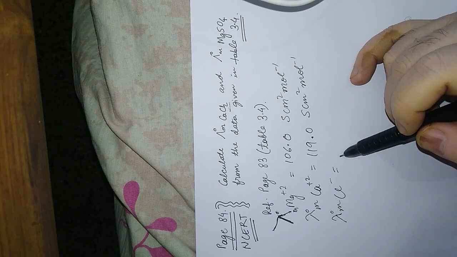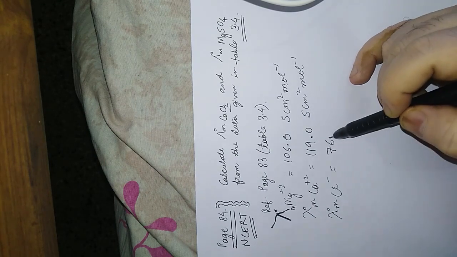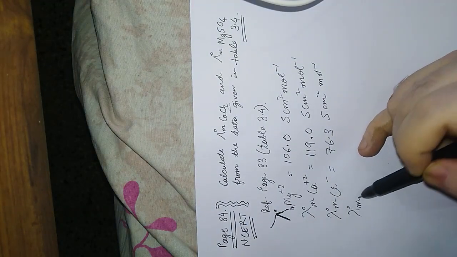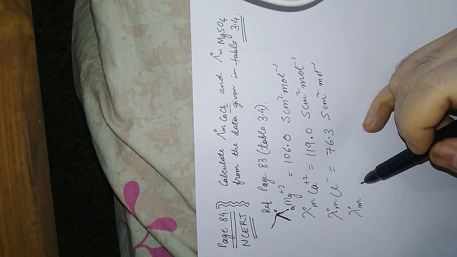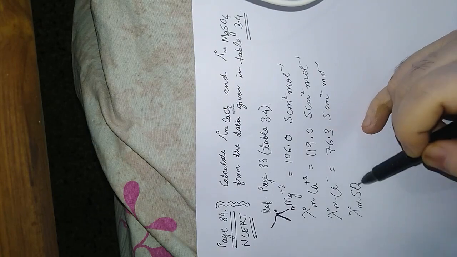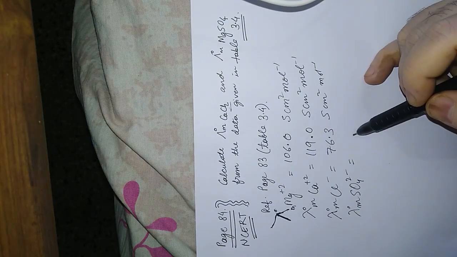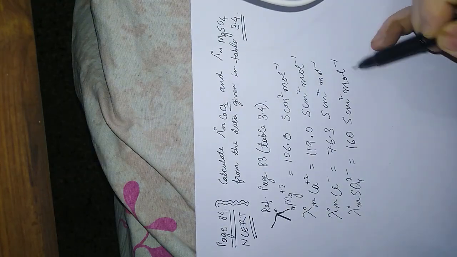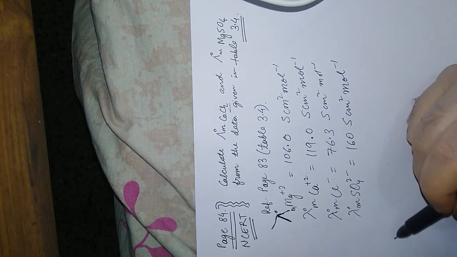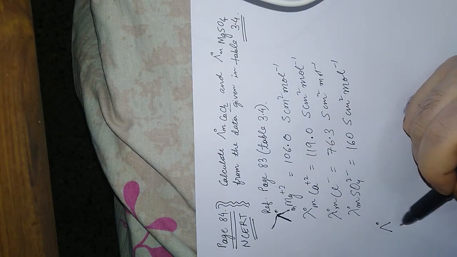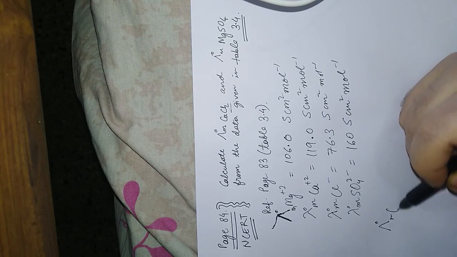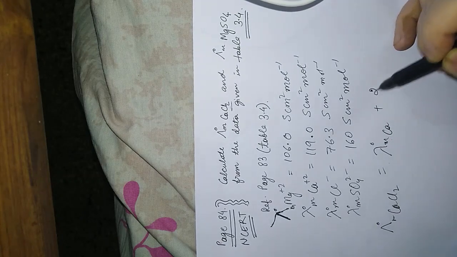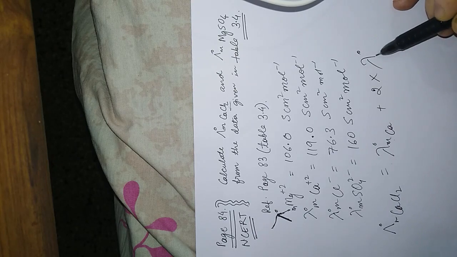So this value is 76.3 Siemens centimeter square per mole, and lambda m for SO4 2- is equal to 160 Siemens centimeter square per mole. So lambda m for CaCl2 will be lambda m for Ca2+ plus 2 into lambda m for Cl-.